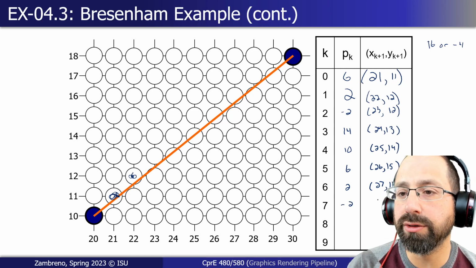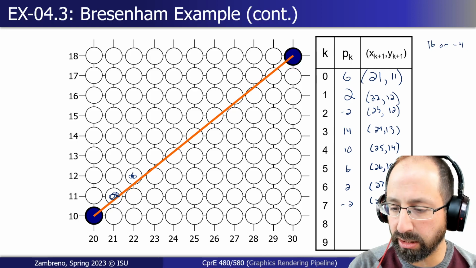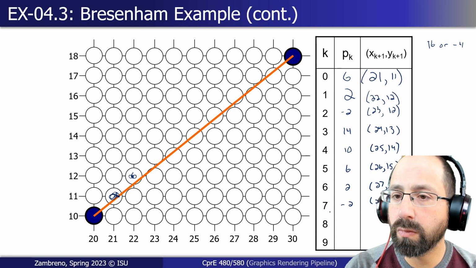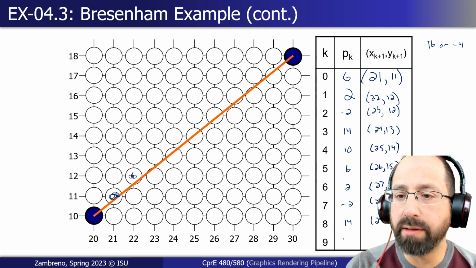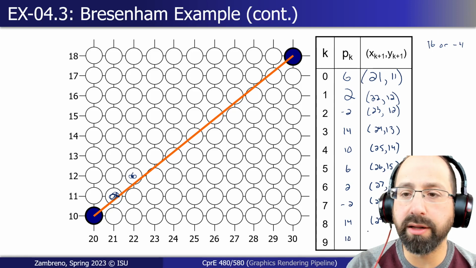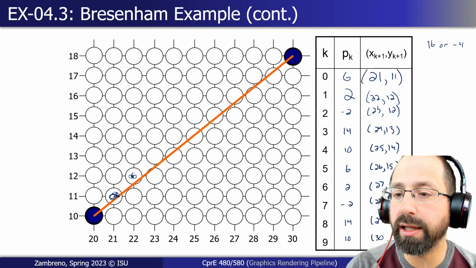Then we're back to negative 2. So we stay at that same location. That's 28, 16, because we still move over in the x dimension here. Then we go back up to 14. And then we have 10. So the final one should be our original point, 30, 18.